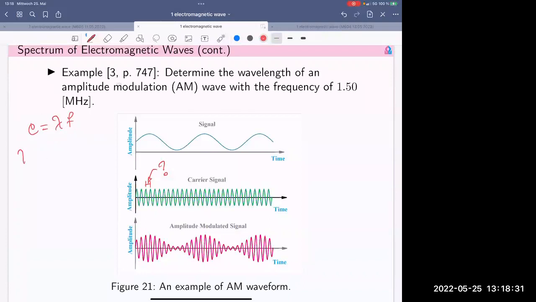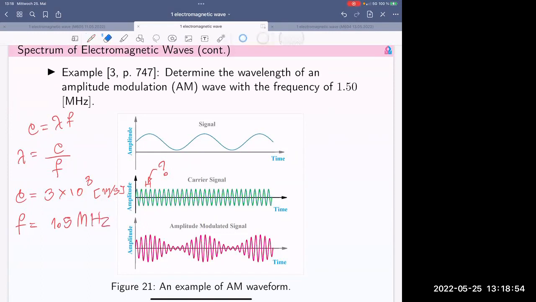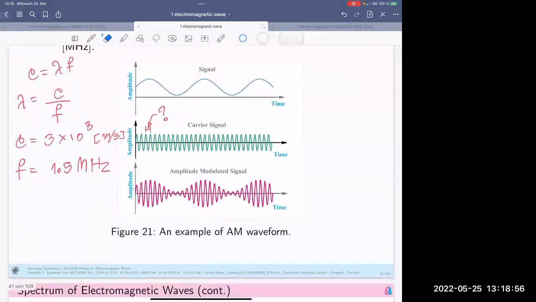Lambda is going to be the ratio c divided by f. And you know that c is 3 times 10 to the 8 meters per second, and f is the frequency, which is 1.5 megahertz. You substitute this one into this position, and f into the denominator.